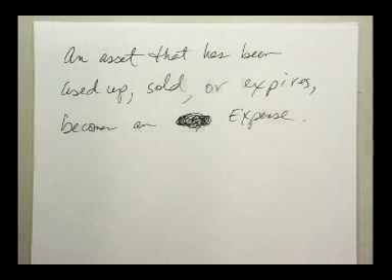Our supplies are gone. Our insurance is gone. That piece of paper that we've got in there saying we had insurance through June 30th of 2021, that's worthless now, isn't it? It's gone.